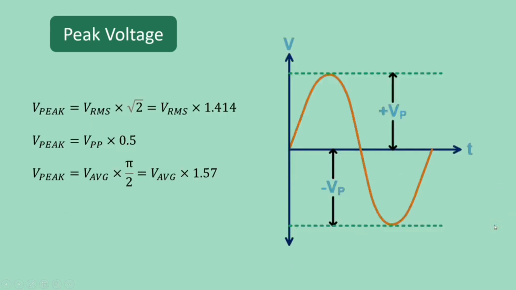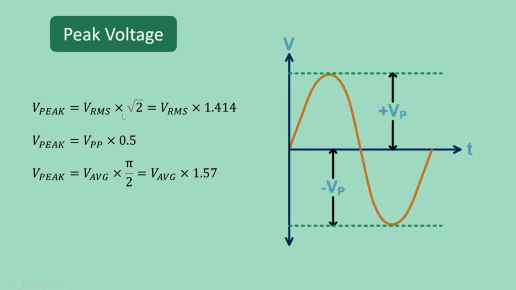Now peak voltage. Peak voltage is defined as the maximum value of voltage for any voltage waveform. The peak value is measured from the reference axis 0 to the highest point of the waveform. We can calculate peak voltage by RMS voltage, peak-to-peak voltage, and average voltage. We know RMS voltage is equal to peak voltage divided by the square root of 2 in sine or cosine waves.